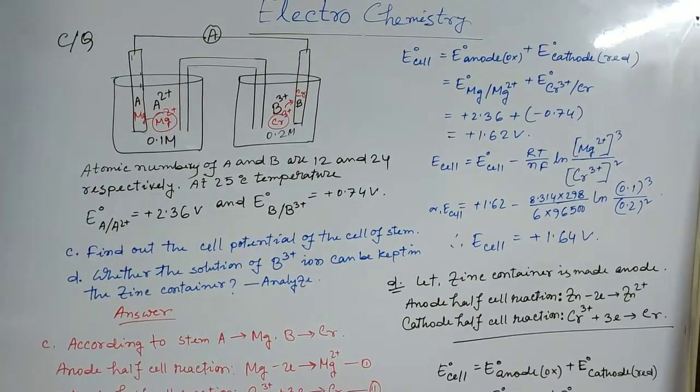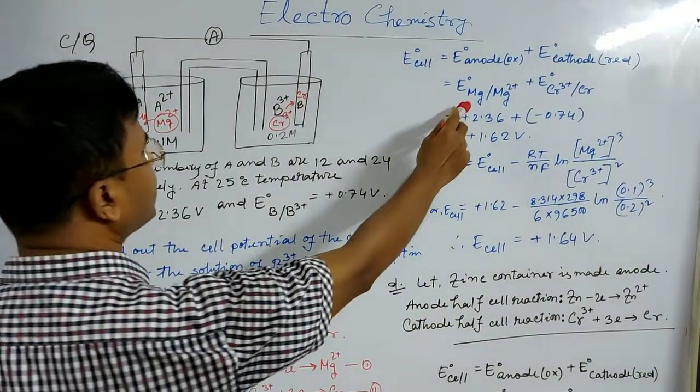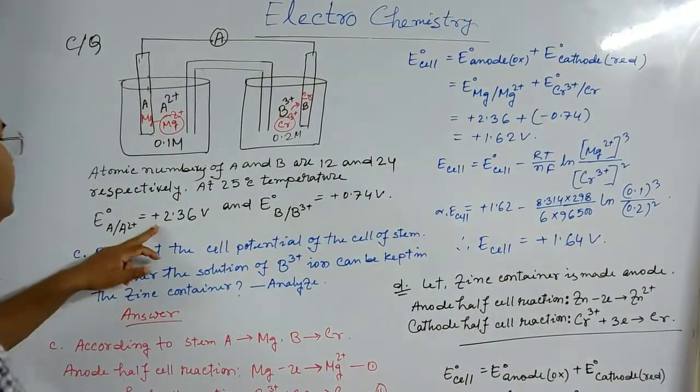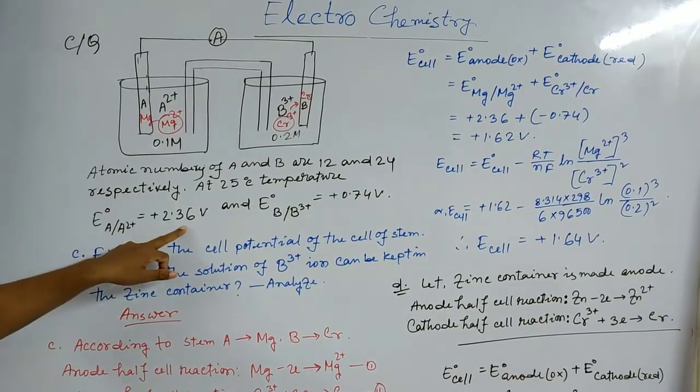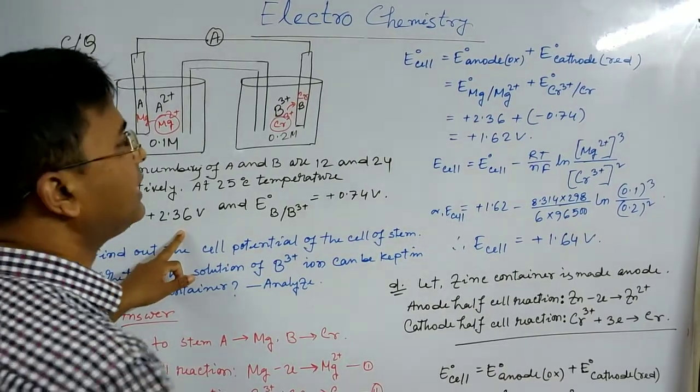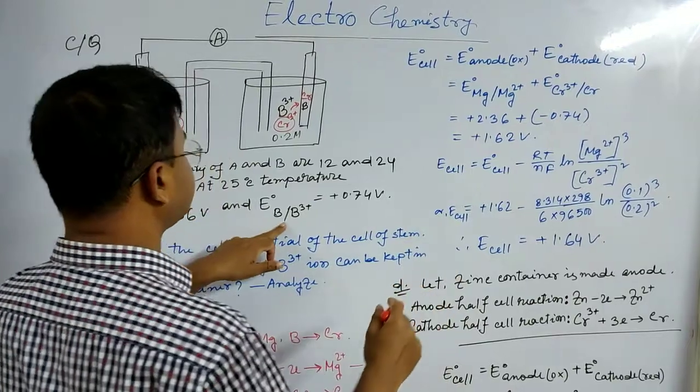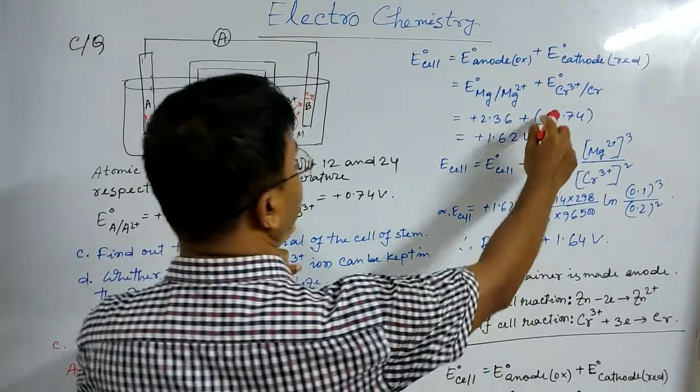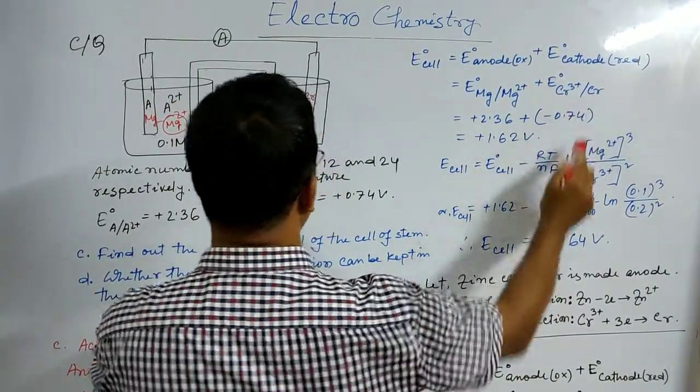And in the question, the oxidation potential of magnesium is given, and that is plus 2.36, and the oxidation potential of chromium is given, but I need the reduction potential of chromium.